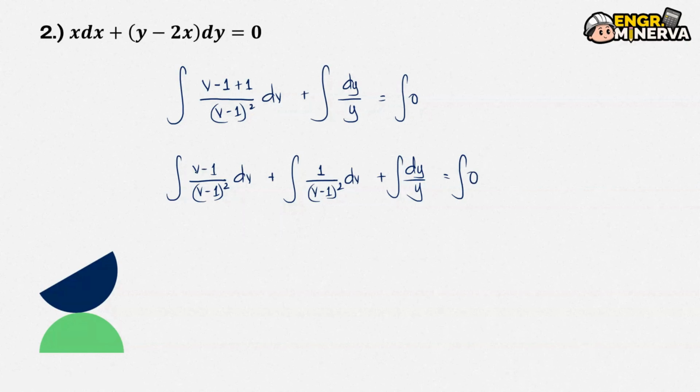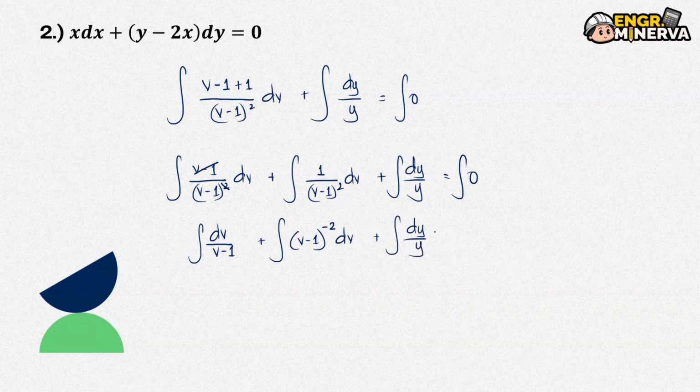So for this, we can eliminate one of the v minus 1 and we are left with dv over v minus 1. For this one, we can use the power rule. That would be -2. Then dy over y equals integral of 0.